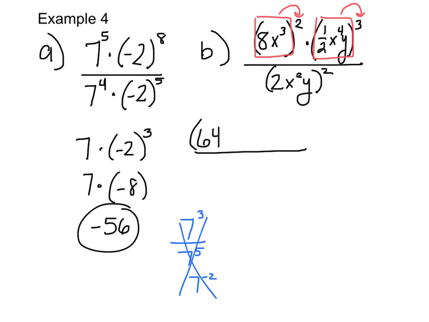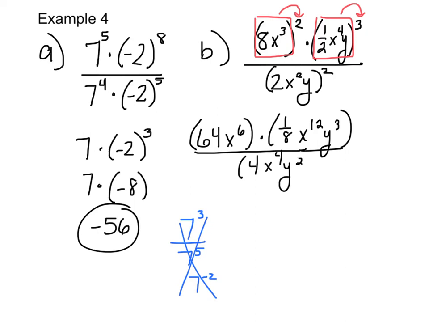X to the third to the second is x to the sixth, the power to a power. Then we take 1/2 to the third power, which gives us 1/8. X to the 12th, y to the third. On the bottom, I'm going to take 2x squared y to the second power. That gives me 4 x to the fourth, y squared.